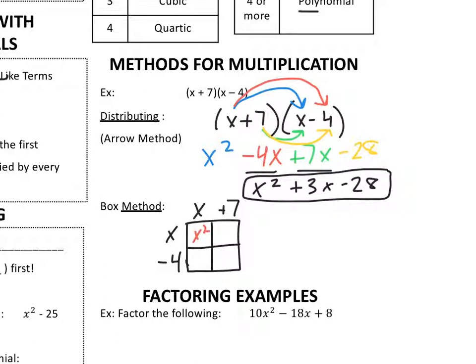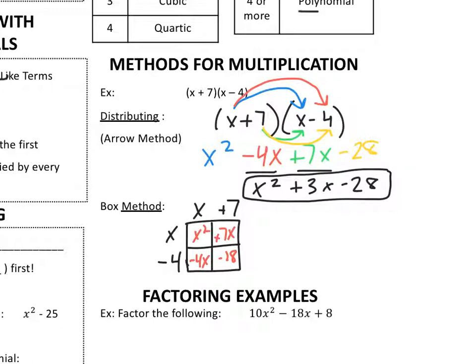X times 7 is +7x. X times -4, -4x. And then -4 times +7, -28. So that's just a visual way of organizing the same exact thing we did with the arrow method, the distribution.